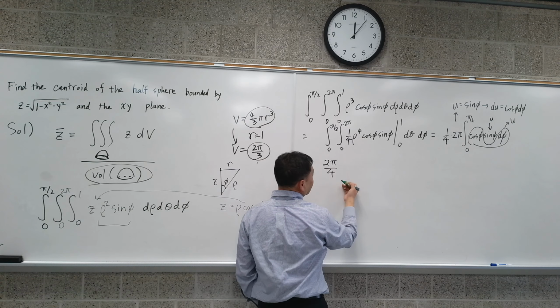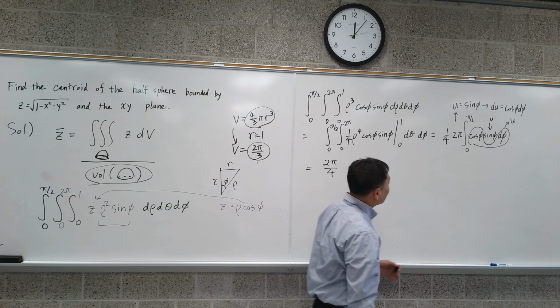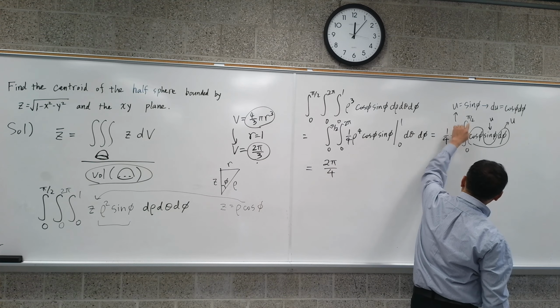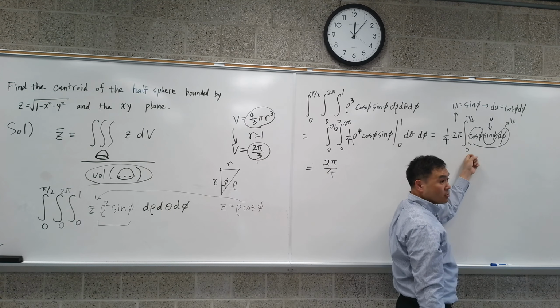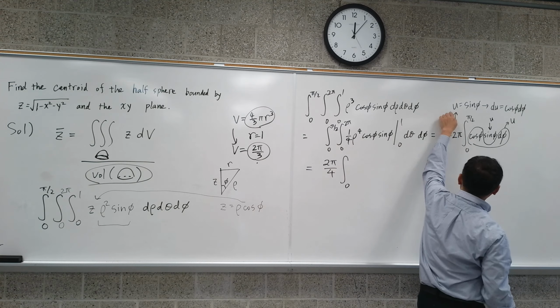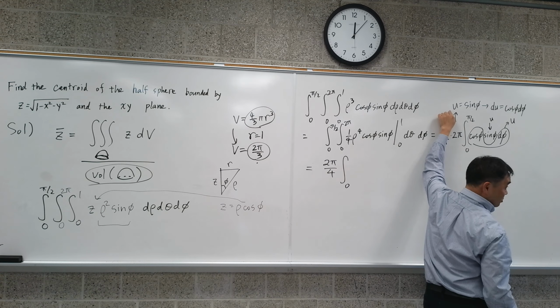Okay, so let's write that down. 2 pi over 4. Oh, but you can't end there. You also have to figure out what happens to the value of u when phi is 0 and pi over 2. So what is sine of 0? 0. So this gets replaced by 0. But u is sine of phi. So when you have sine of pi over 2, what's the value of u? 1.